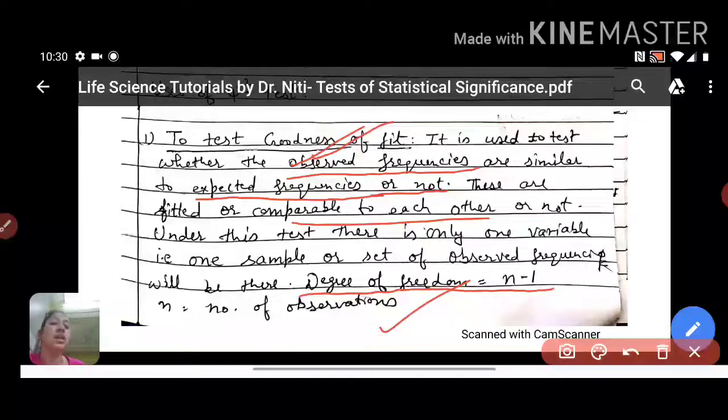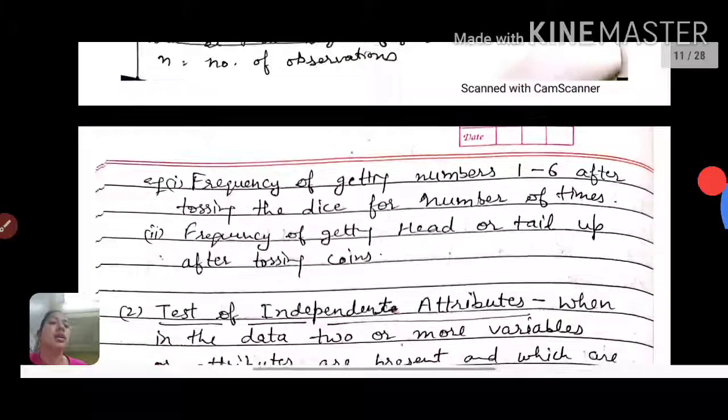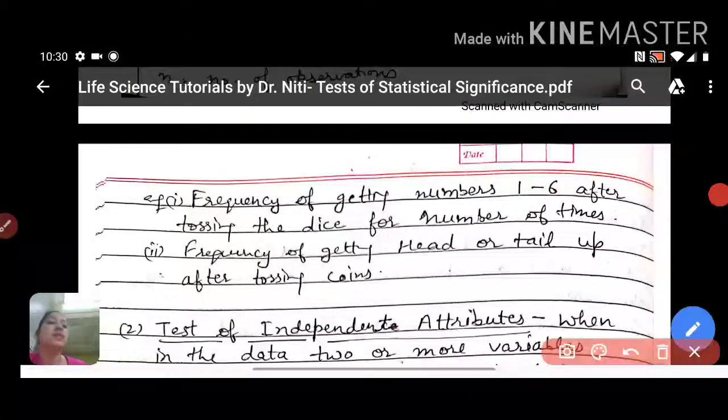Now to understand this test, I am taking two examples. In the first example, suppose you have a dice and you have tossed that dice. You will get any number from 1 to 6. The observed frequencies can be compared with the expected frequencies, to see whether these are similar or not. So this is an example of testing the goodness of fit.